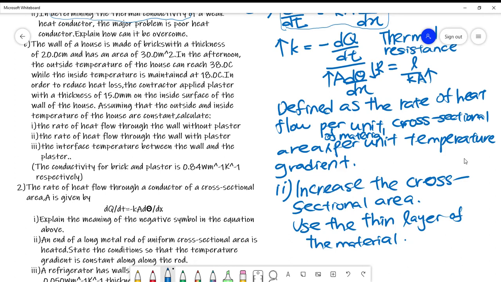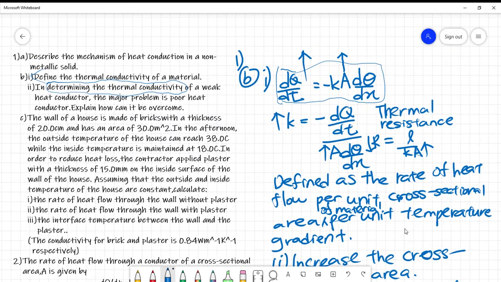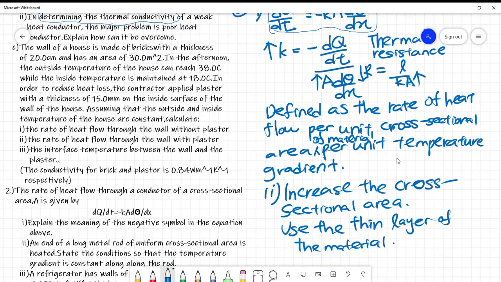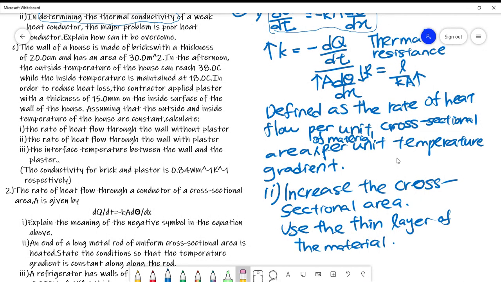Hence, we use a thin layer of the materials so that the heat can flow through the conductor more easily. So these are two of the ways that we can determine the thermal conductivity of the poor heat conductor. Alright, so this is B. Let me just erase all this.